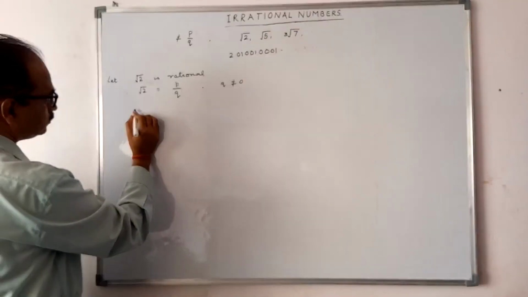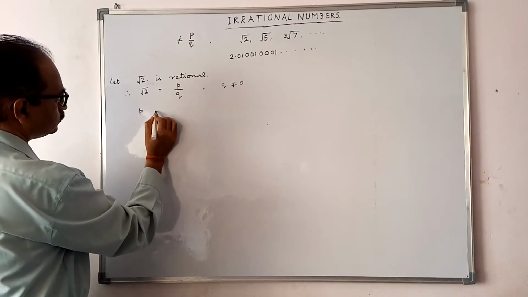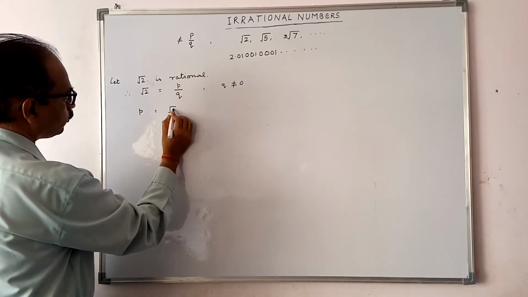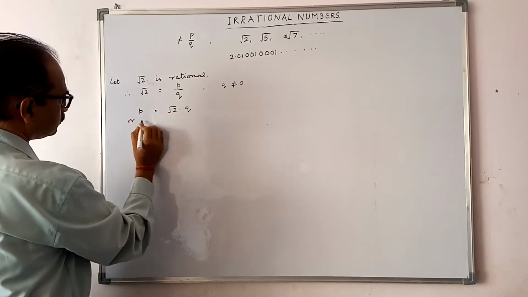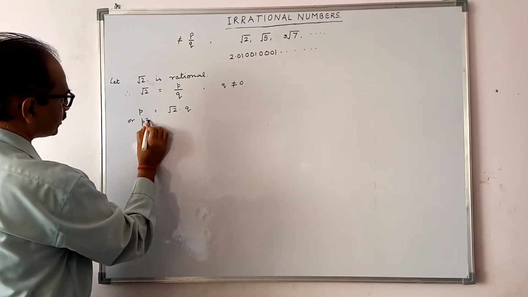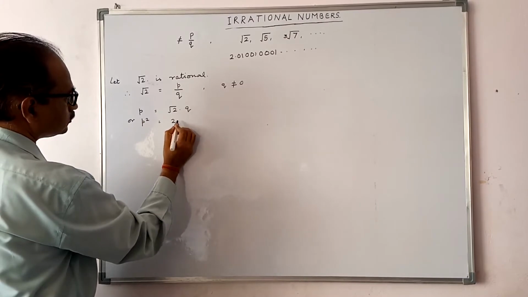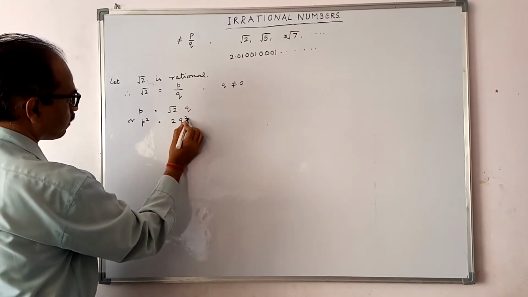Now, p is equal to root 2 into q, or p square is equal to 2q square.